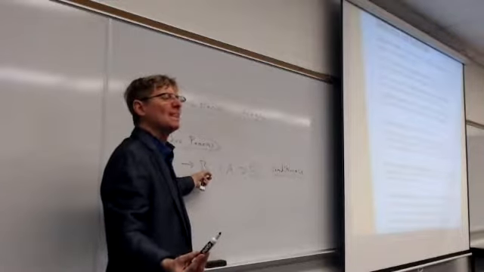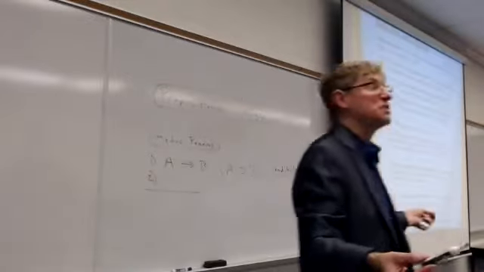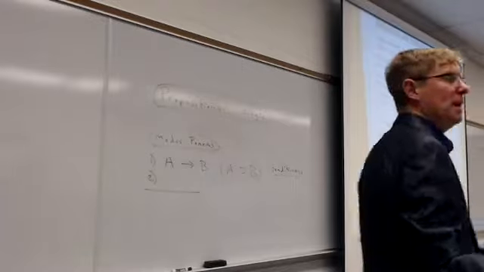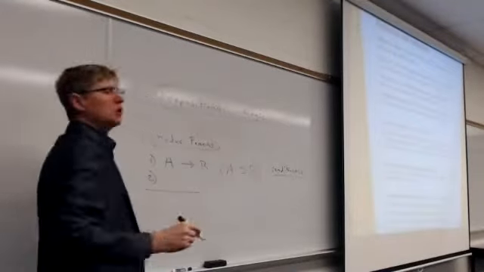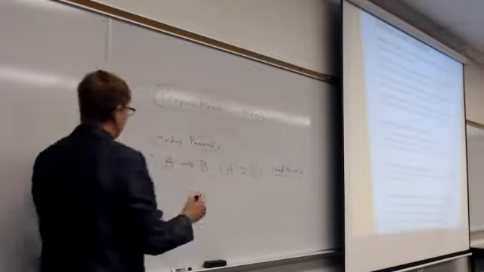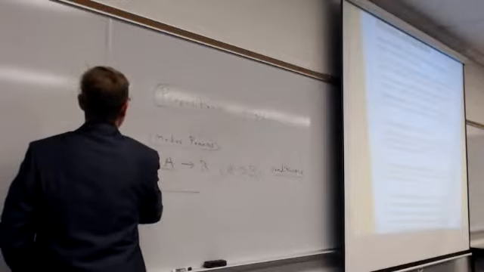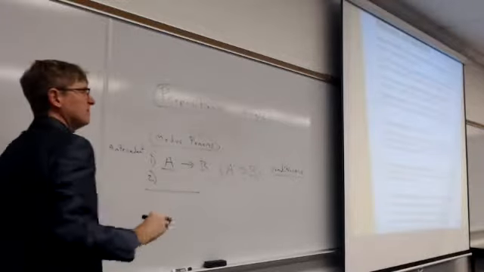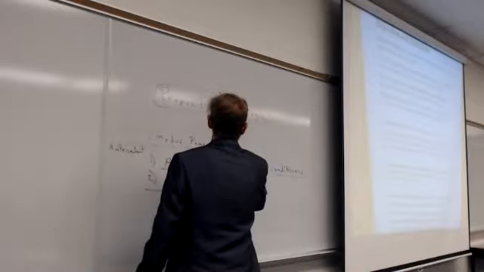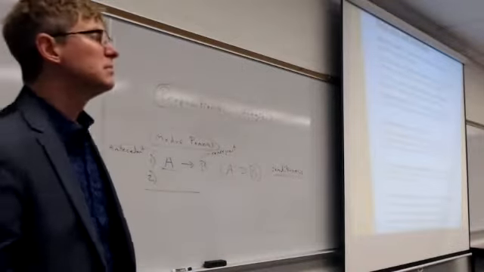Now, just to give you a little bit of language that is implicitly in the textbook, but the author doesn't clearly define, in my opinion, a conditional will include two parts. This front end we call the antecedent, and this tail end we call the consequent.